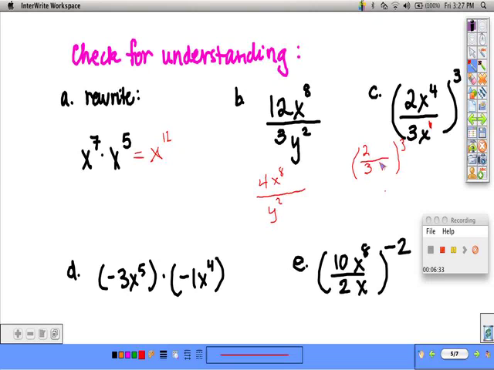By how many? By 3. So I'm going to put x cubed up on top. Now I go through and I cube everything in there since it's products and quotients. 2 cubed is 8. X cubed cubed, exponent to an exponent, we multiply. And then 3 cubed is 27.